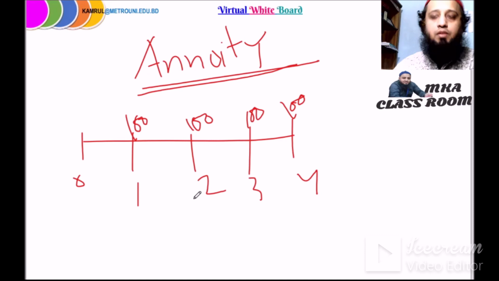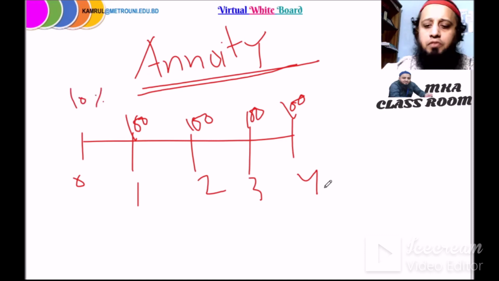If you use the formula, it is okay, no problem. You can use a single formula for calculating this amount. Otherwise, you can use the timeline to solve this problem.